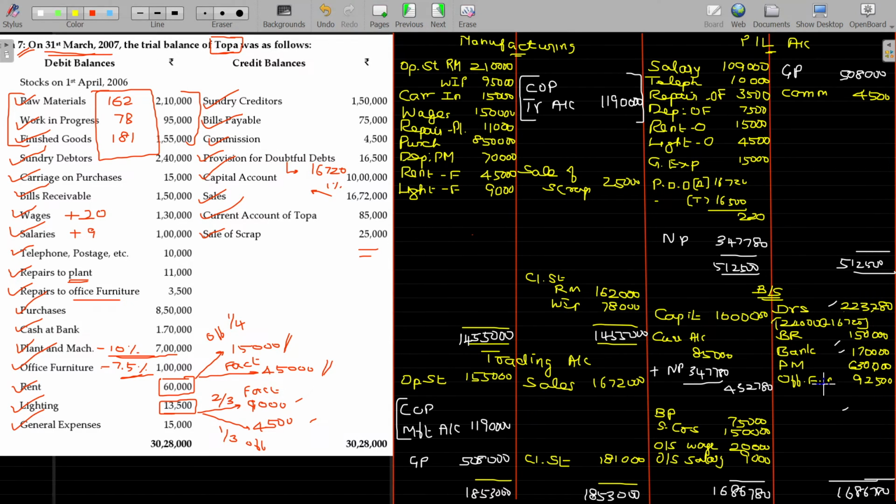Okay, I'll post all these things. Stock of raw material, work in progress, and finished goods: 1,62,000, 78,000, 1,81,000. Is that okay? Is it matching now?